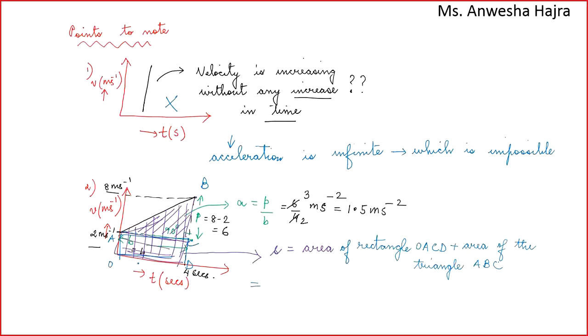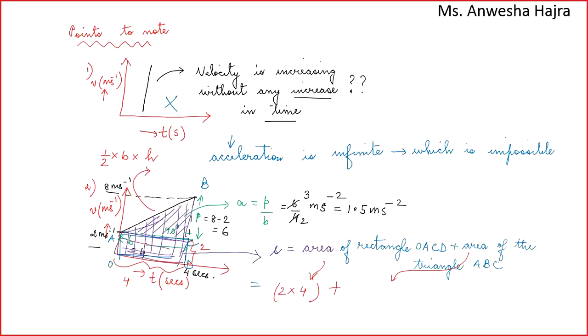So what is the area of the rectangle? It is length into breadth. So this is 2 and this is 4. So the area of the rectangle is 2 into 4, plus what is the area of the triangle? Area of this triangle is half into base into height.